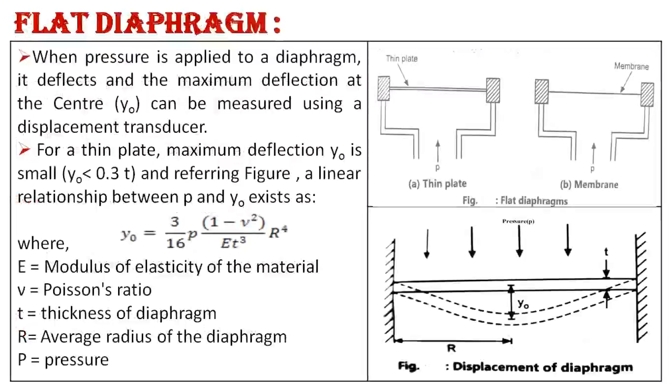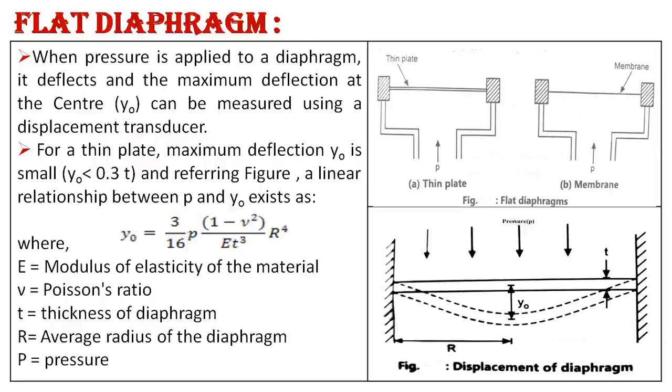Starting with the first, the metallic diaphragm, the first subtype is the flat diaphragm. See the diagram: a thin plate flat diaphragm and a membrane type flat diaphragm. Here the thin plate and here the membrane are connected with the diaphragm, and below, the diagram shows the displacement.